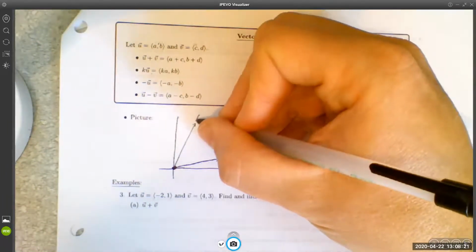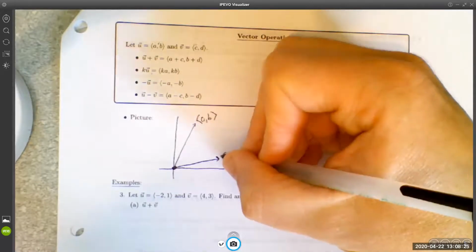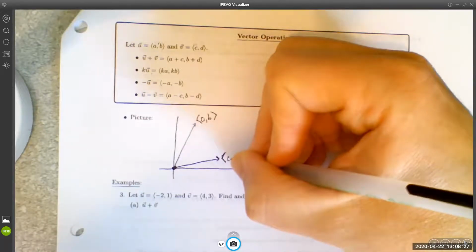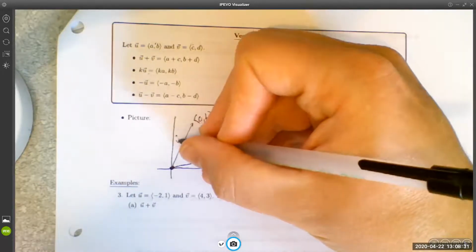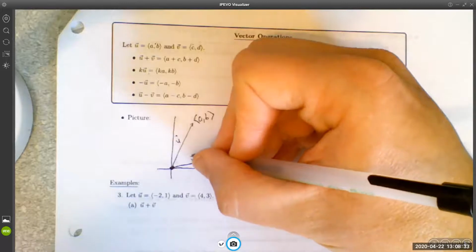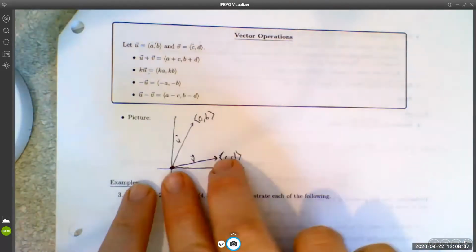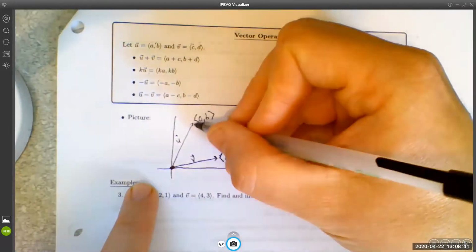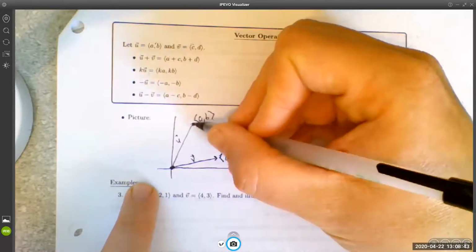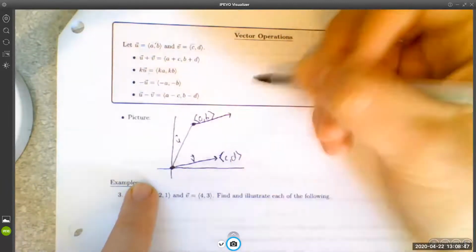And this would be the point (a, b). This would be the point (c, d). Right, u and v. But the thing is, I can take v and I can drag it up here, right? So that its initial point is there and its terminal point is, you know, up here or whatever.